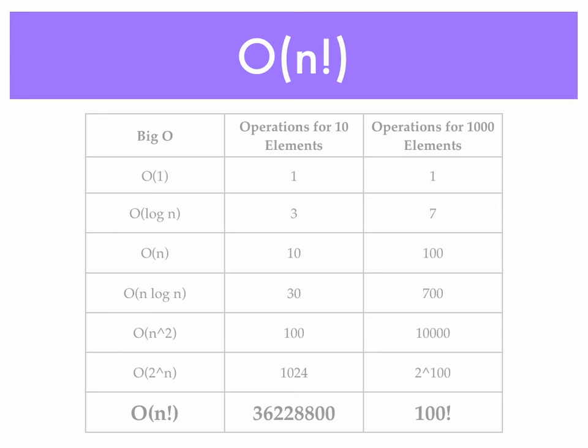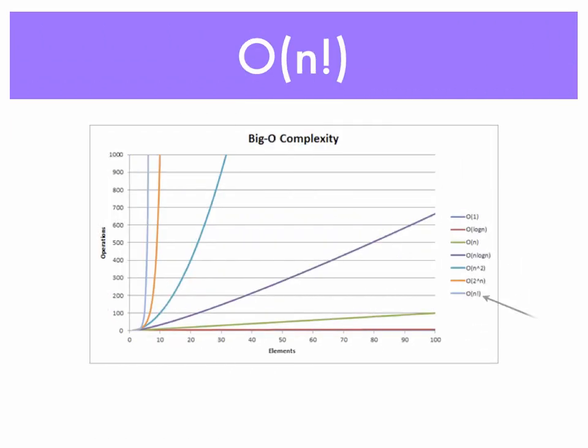O(n!), if I have 10 elements, I've got a large number of operations. But my operations for 1,000 elements is more than huge, 1,000 factorial. And if I look here on my chart, O(n!), you'll see that it's pretty much a straight up line, that we have that much growth in the number of steps we have to take.